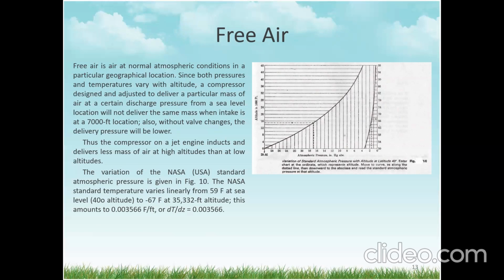The NASA standard temperature varies linearly from 59 degrees at sea level, 40 degrees latitude, to negative 67 at 35,332 feet altitude. So this amounts to 0.003566 degrees per foot, or the slope of the temperature with respect to altitude is 0.003566.